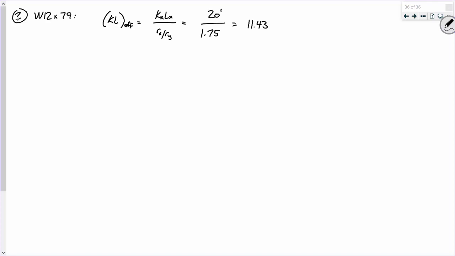So 11.43 feet. Now, obviously the table doesn't have a value for 11.43, but it has one for 11 and 12, right?